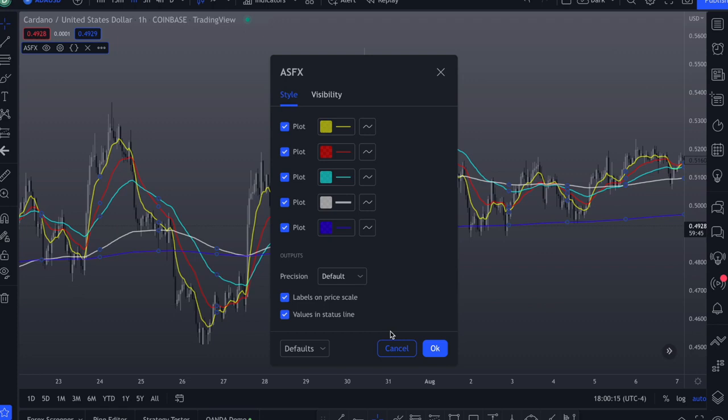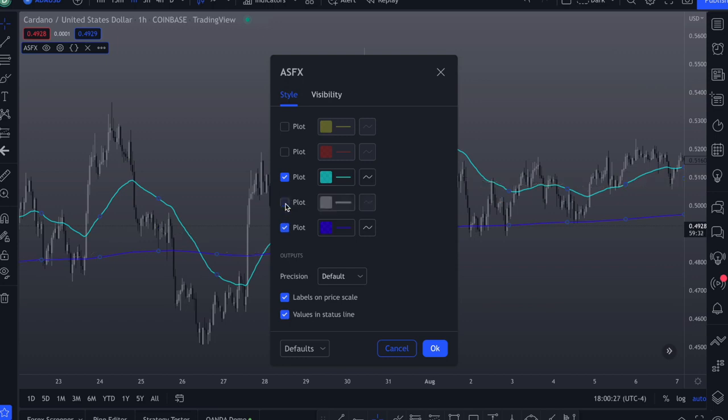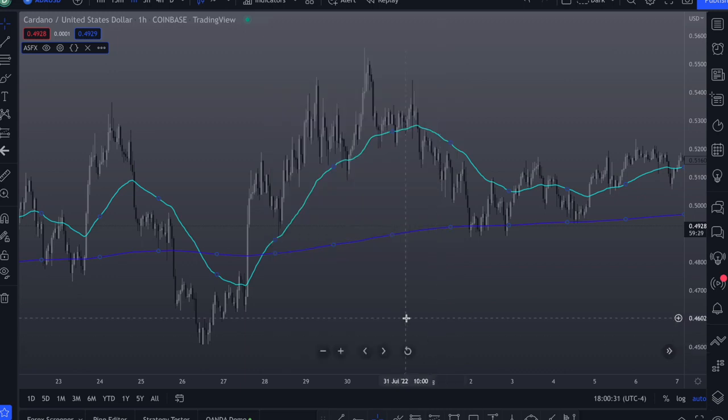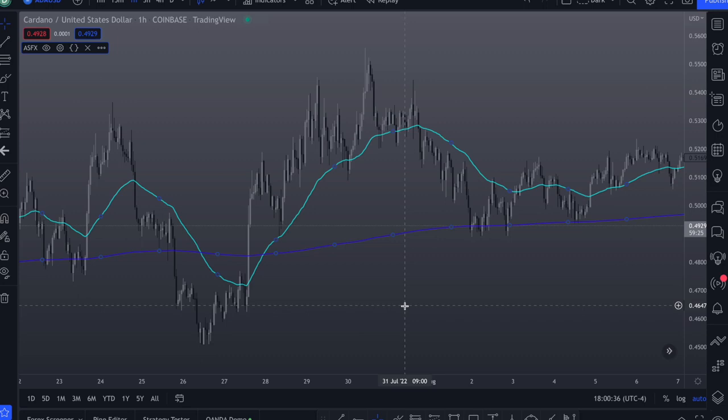So if we only wanted to actually use some of them, right? Let's say we didn't want the 8, the 21, and the 200 EMA. We only wanted the 50 and the 800. Then this is still some pretty good information, right?